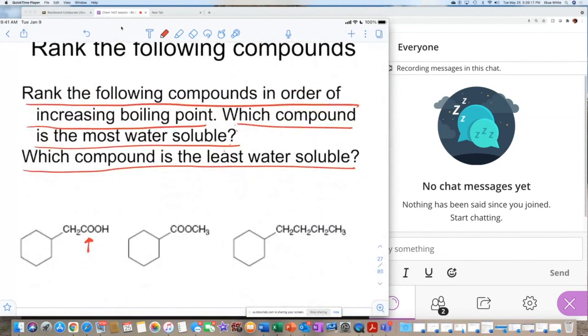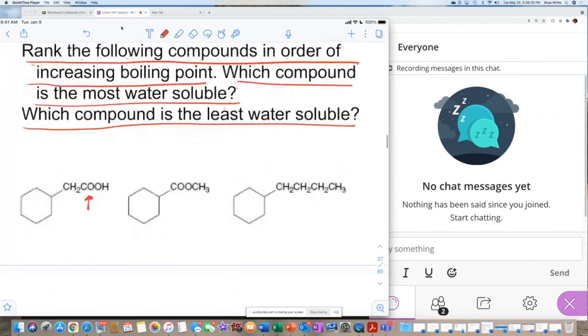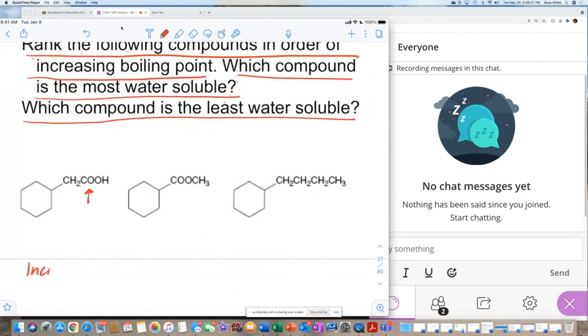They're saying here rank in order of increasing. I'm going to share with you embarrassing things I did as a student. I'll be so caught up in the chemistry, I'll forget the English. What does increasing exactly mean? Increasing means arrange it in order from low on the left to high on the right.